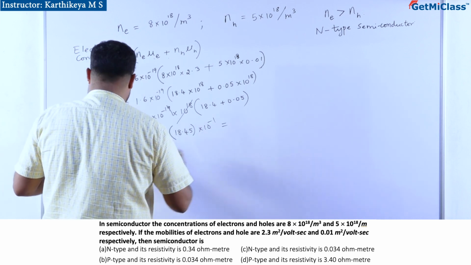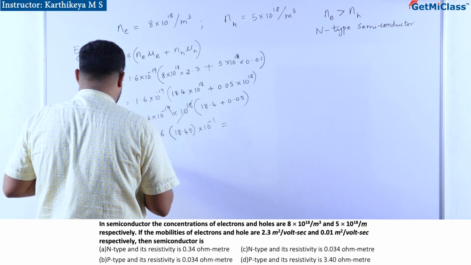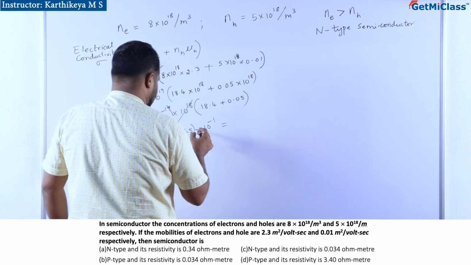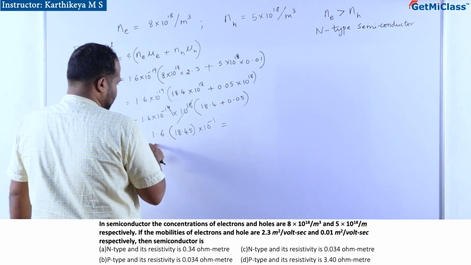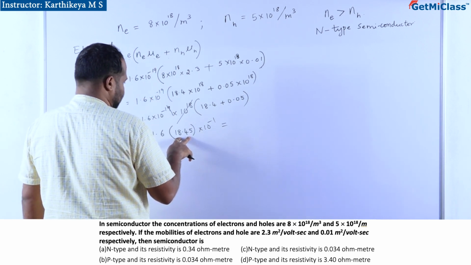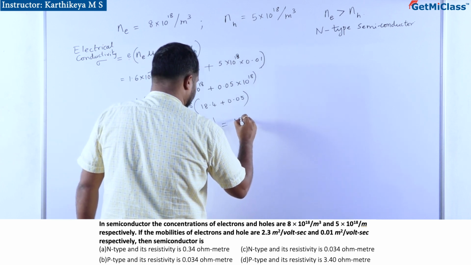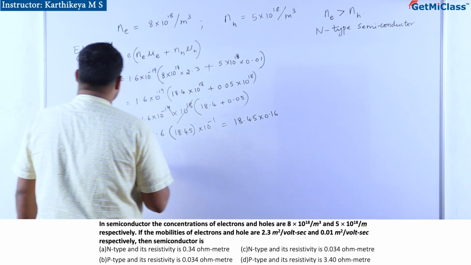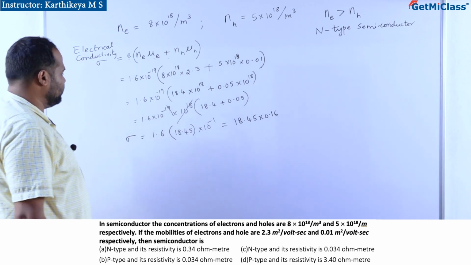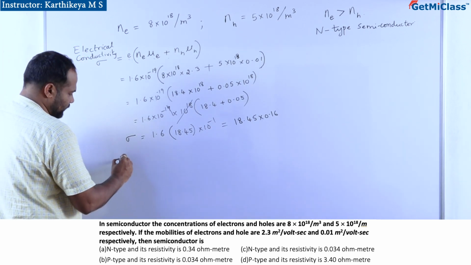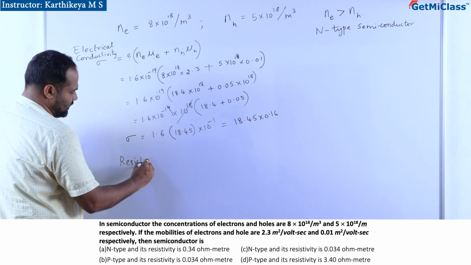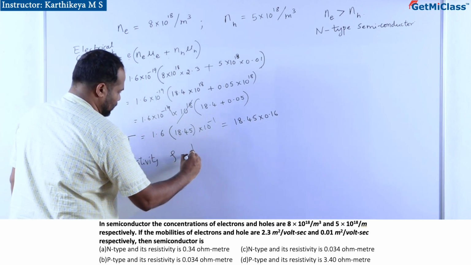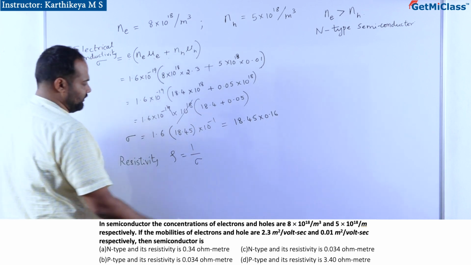So the electrical conductivity, as you calculate roughly, is 18.45 into 0.16. That is the electrical conductivity. Now resistivity you have to see. Resistivity rho is the inverse of electrical conductivity.